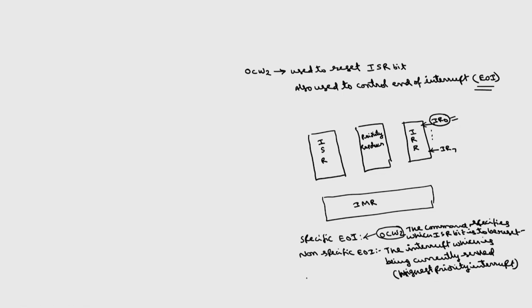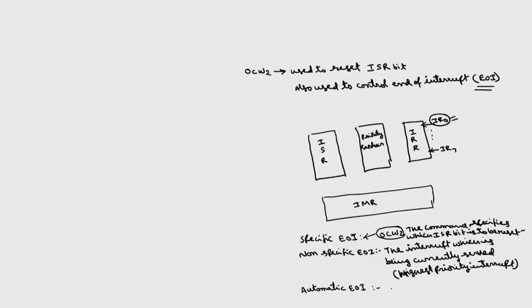There is one more EOI which is called automatic EOI. Here there is no need of a command. By default, in the third INTA bar cycle, the corresponding ISR bit will be reset.